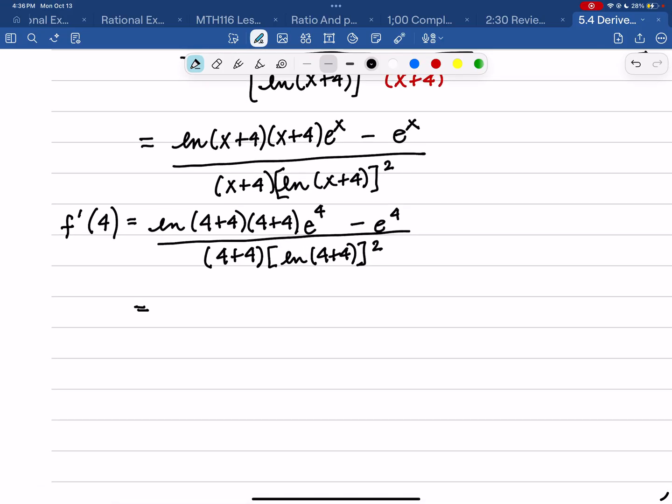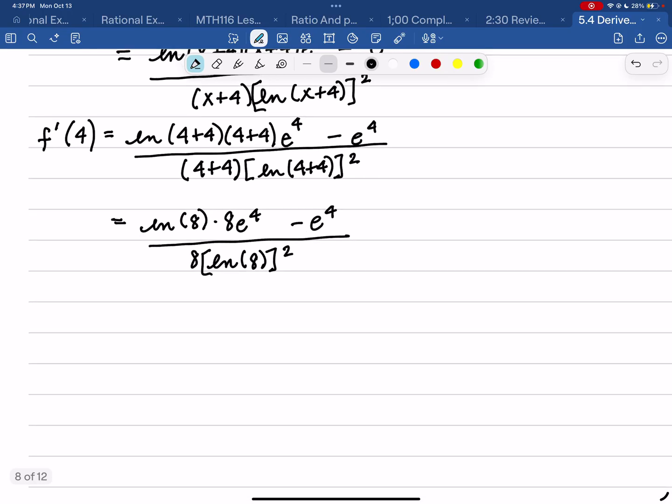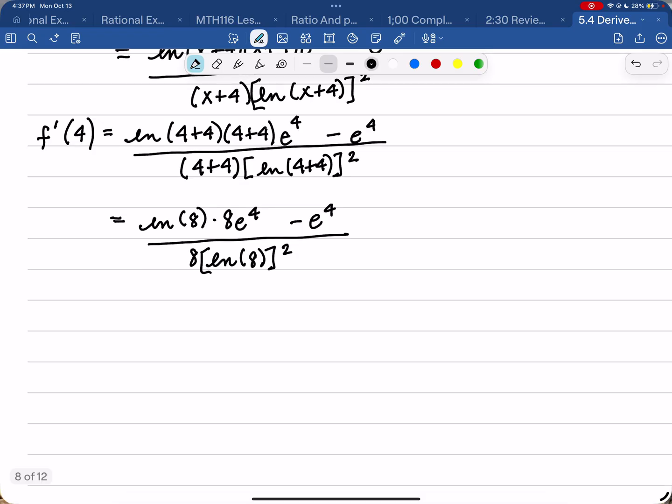So that gives me the natural log of 8 times 8 e to the 4th minus e to the 4th over 8 natural log of 8 quantity squared. And I might do just a little bit of rearranging and put it 8 natural log of 8 e to the 4th minus e to the 4th over 8 times the natural log of 8 quantity squared.